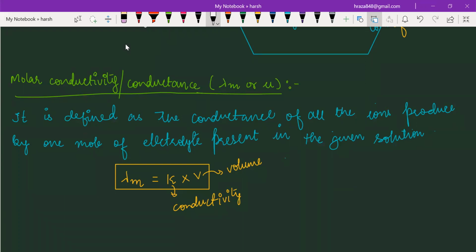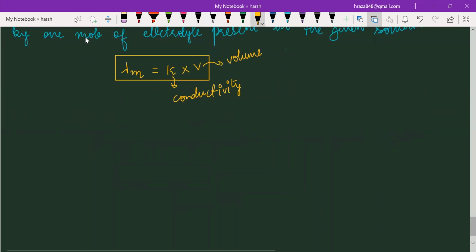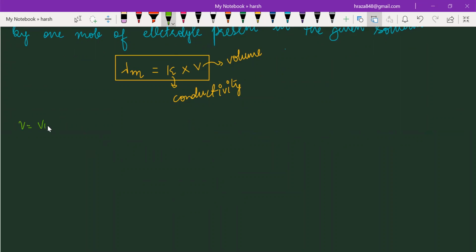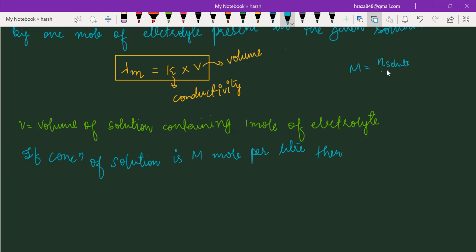Very good. Now see, if we are taking volume V of solution containing 1 mole of electrolyte, and the concentration of solution is M mole per liter, then do you know molarity has a formula: number of moles of solute upon volume of solution in liter?